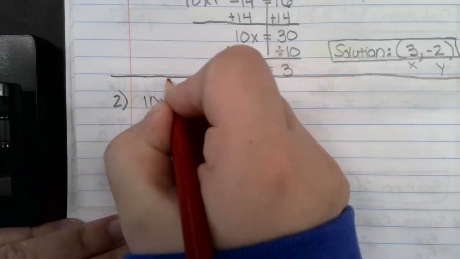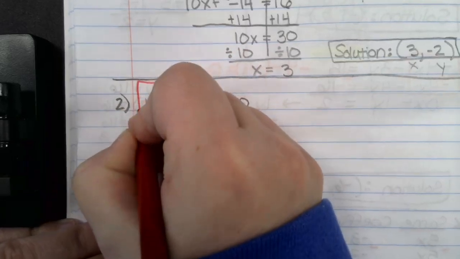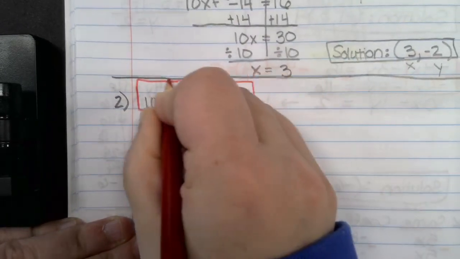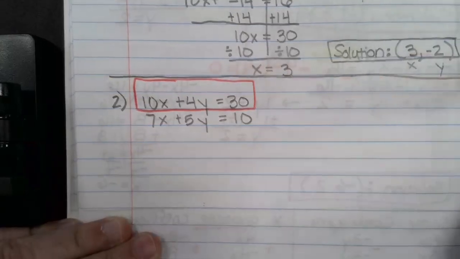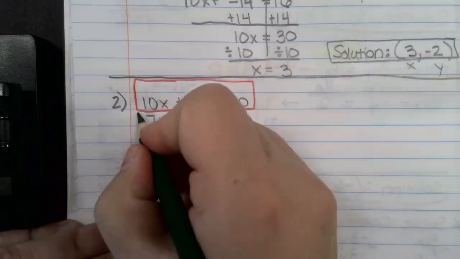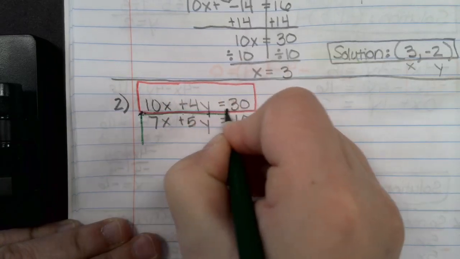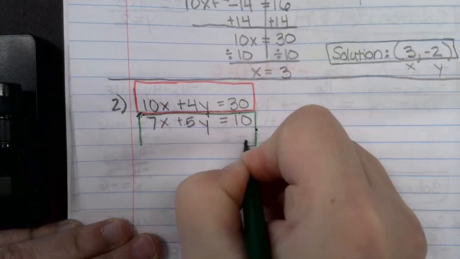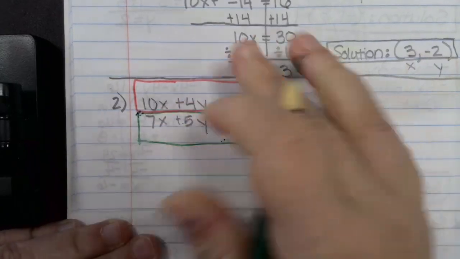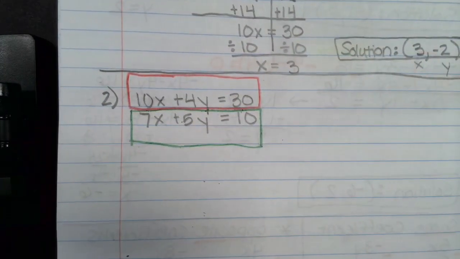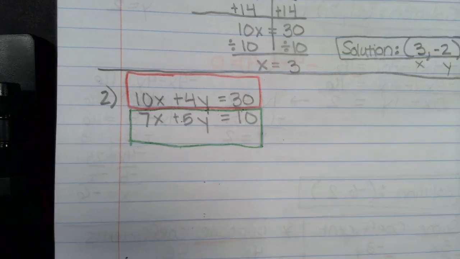So I'm going to take this top equation, and again, this is where I like to use my colored pencil. I'm looking at this bottom equation, and my goal is to get the x's to make 0, is what we decided. So if I look at 7 and 10, what could I multiply 7 and 10 by to end up getting the same number?